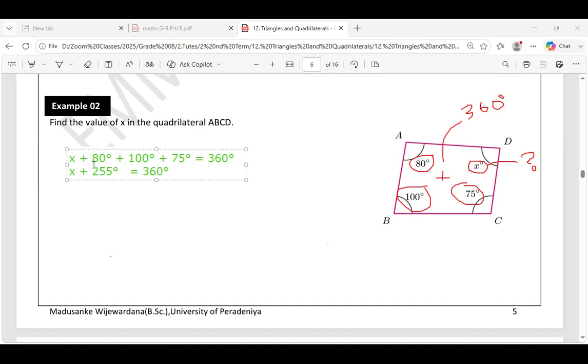Right. Then how are we going to find x? x plus 255 minus 255 is equal to 360 minus 255.